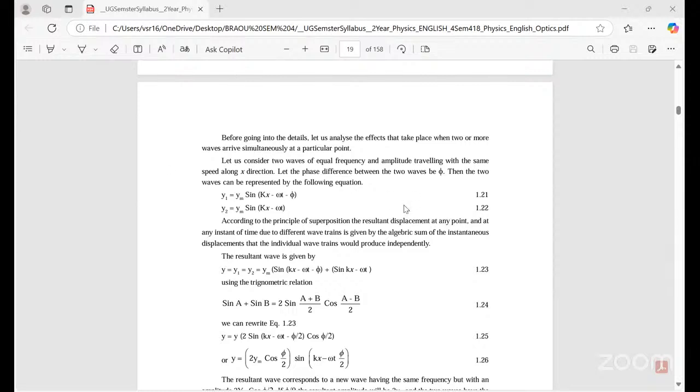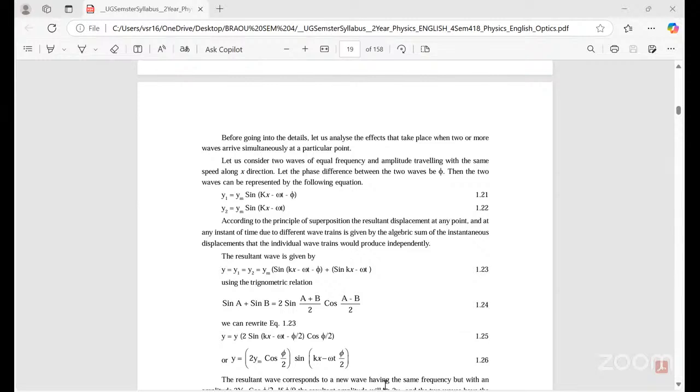Let the phase difference between the two waves be phi. Then the two waves are represented as y1 equals ym sine kx minus omega t minus phi, and y2 equals ym sine kx minus omega t. Phi is the phase difference between these two waves, and ym is the maximum amplitude.